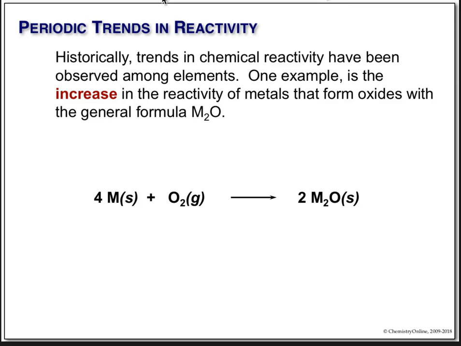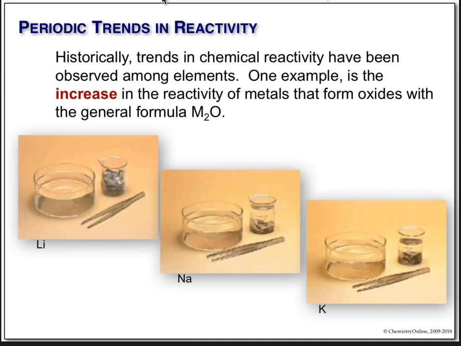There's another series that formed one metal with one oxygen, etc. The first series here consists of these guys right here, and we're going to look at lithium, sodium, and potassium. They not only react with oxygen, they also react with water.